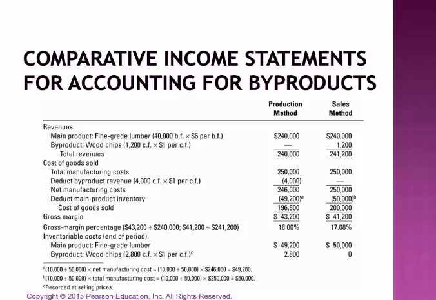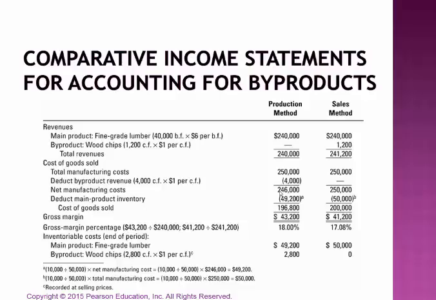Alright, so if you get that percentage, it should be 20%, and multiply it times the net manufacturing cost for everything, which was $246,000. Again, I'm pointing at this line right here. $246,000 at that percentage means $49,200 of that is still here in ending inventory in our main product, the fine grade lumber.